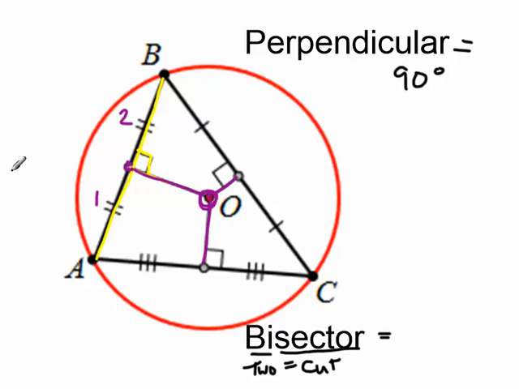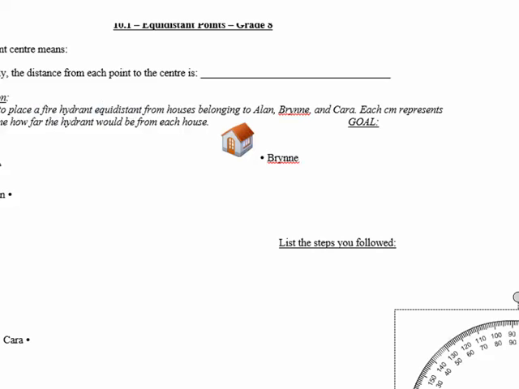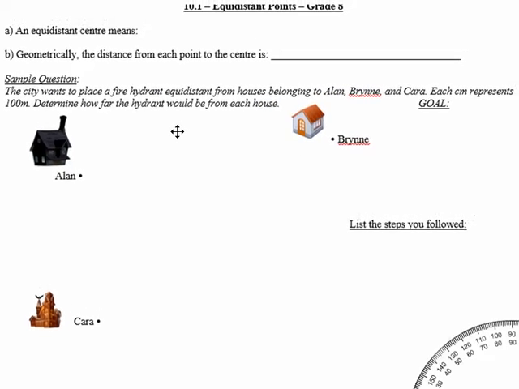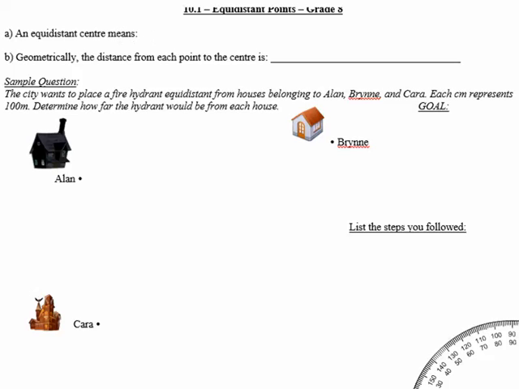So let's do this in action now. Here's my question. An equidistant center means we're finding the center of 3 points.